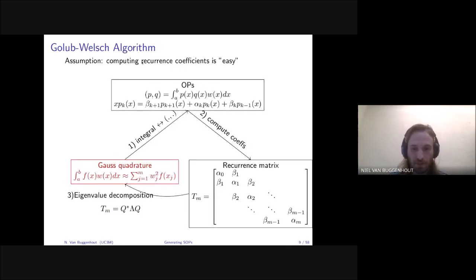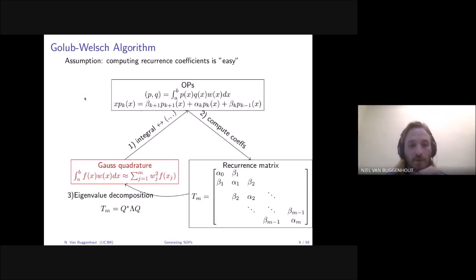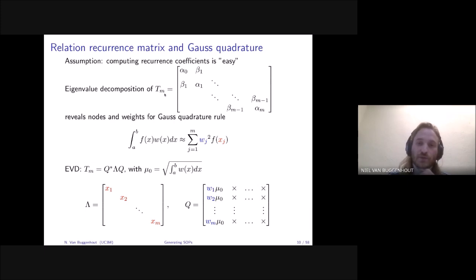So what was mentioned before is that, in this part, step 3, the eigenvalue decomposition of Tm, of this matrix, reveals the nodes and weights of our Gauss quadrature rule. And if we look at the bottom of the slide, at the eigenvalue decomposition Q star lambda Q, we see that our lambda, our diagonal matrix of eigenvalues, is nothing more than our quadrature nodes x1 through xm.